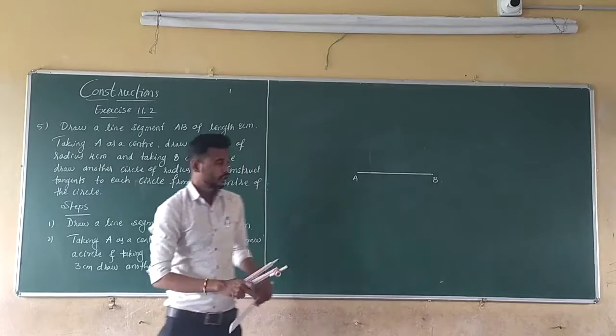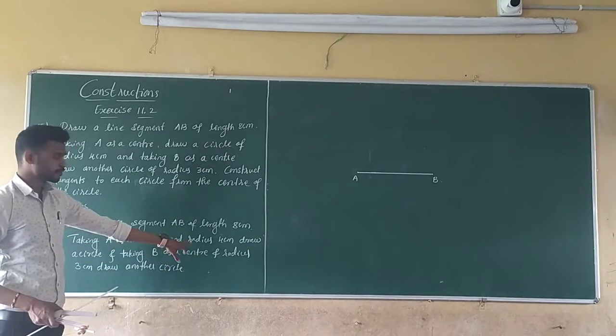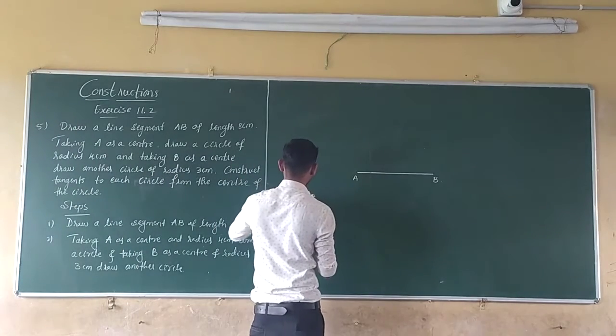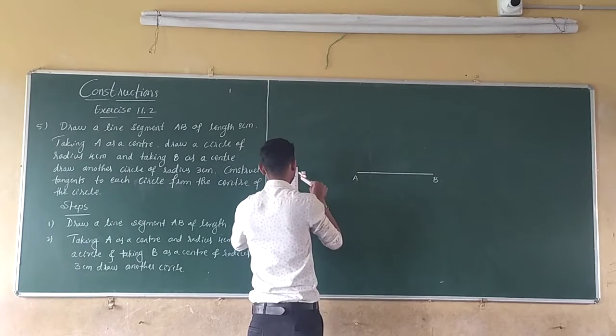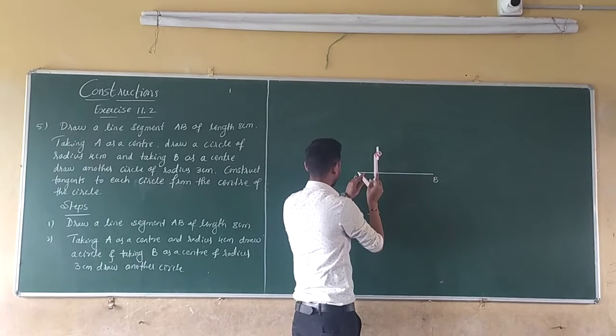Now, using A as a center and radius 4 cm, draw a circle.